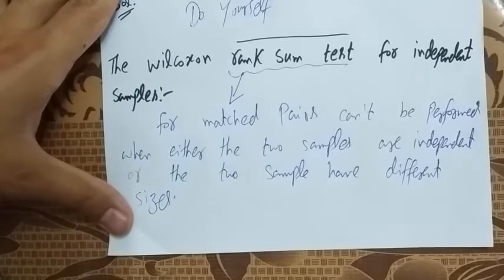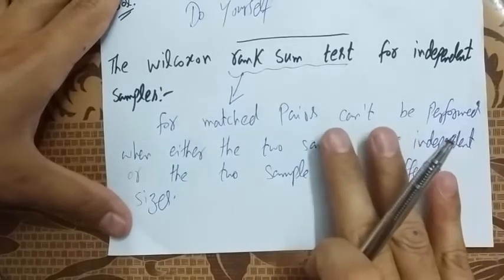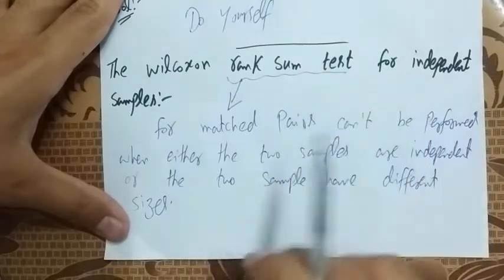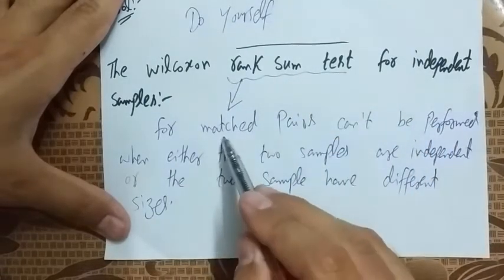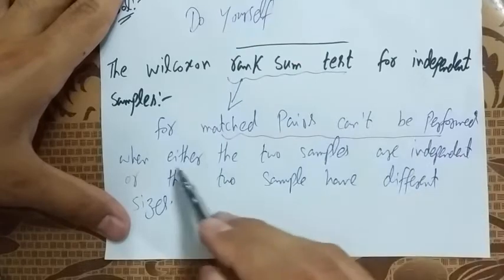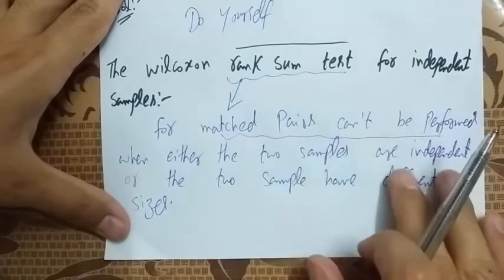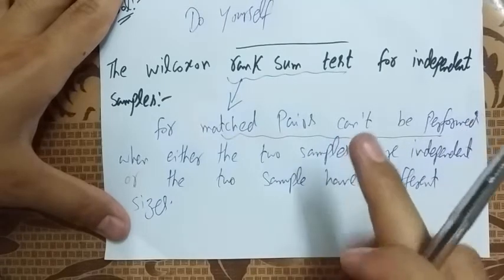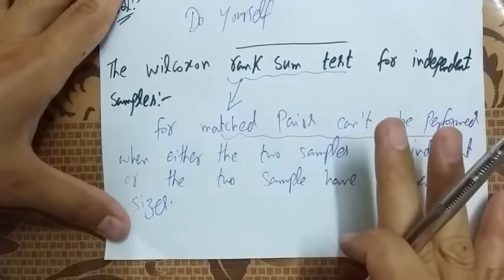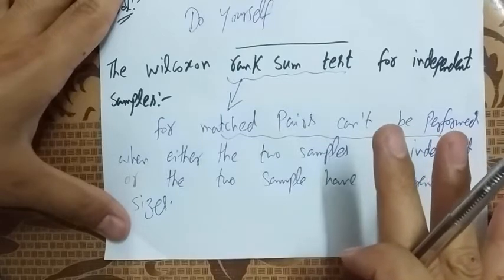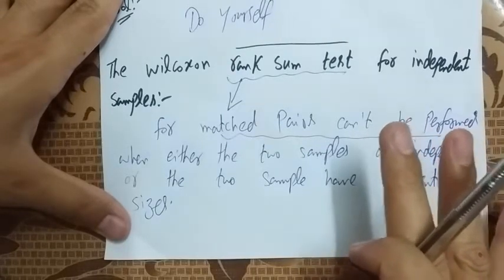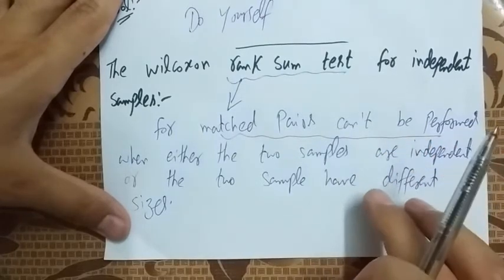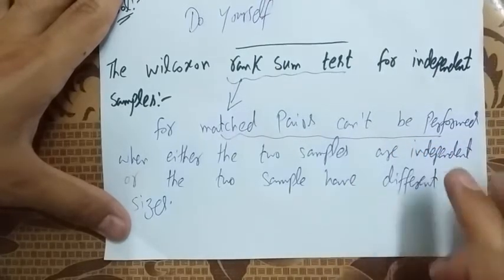Okay, students, when we use the Wilcoxon rank sum test, in the problem matched pairs cannot be performed when two samples are independent.